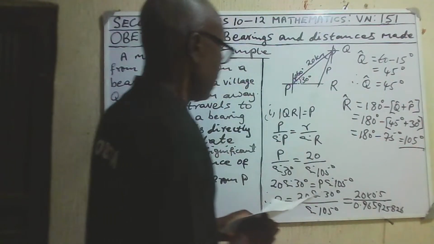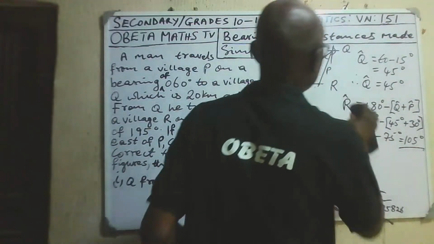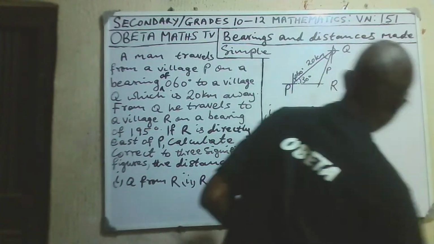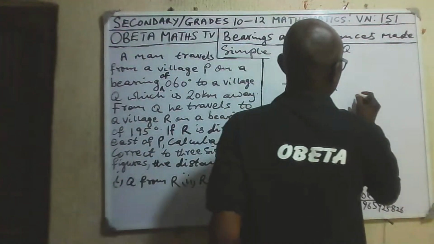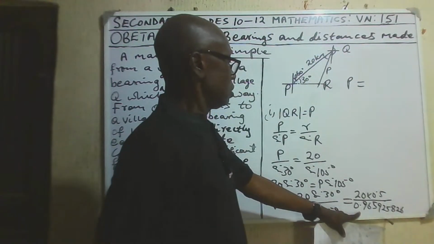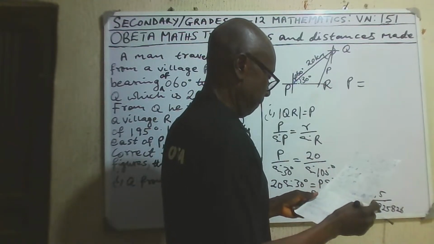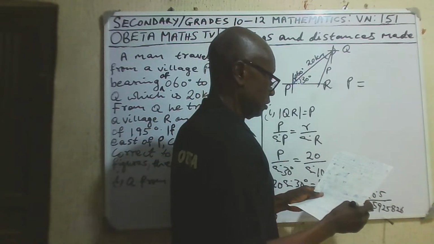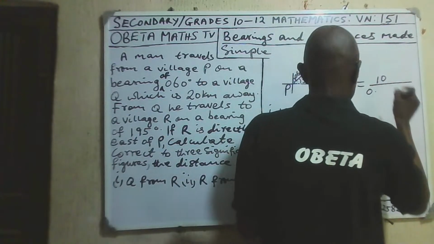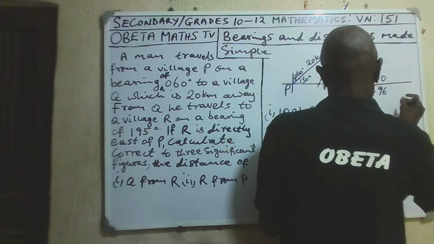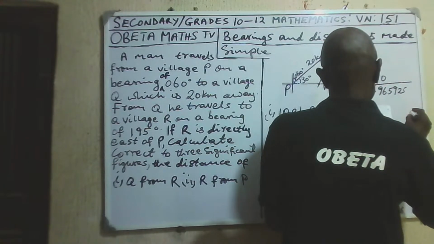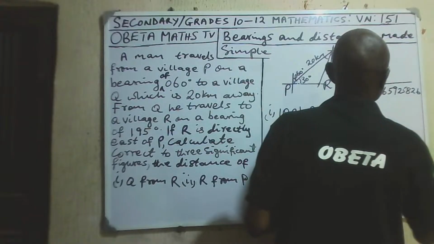So coming up here, p is equal to, carry out this, that will give us 10 all over 0.965925826.